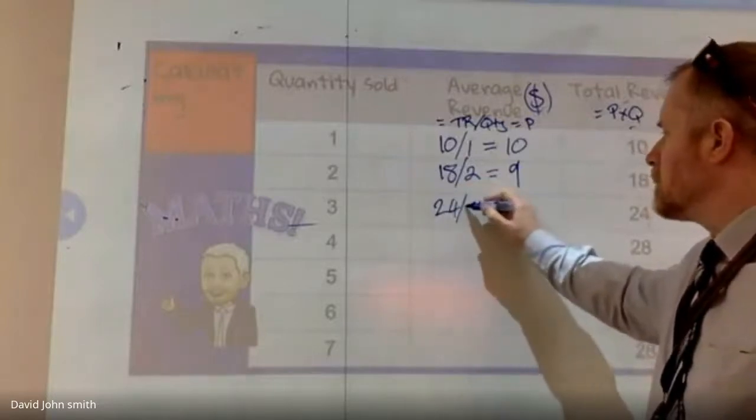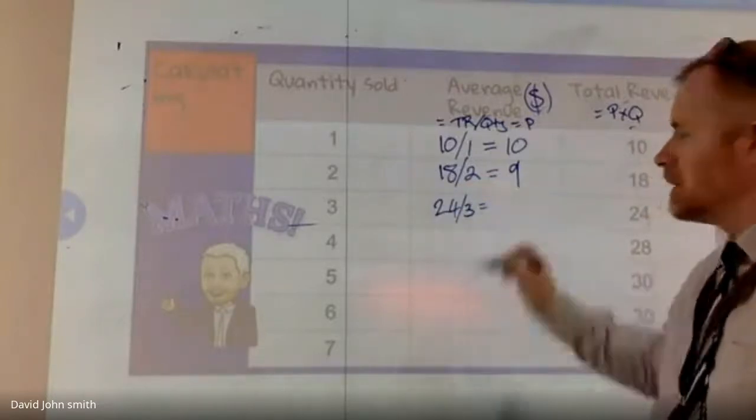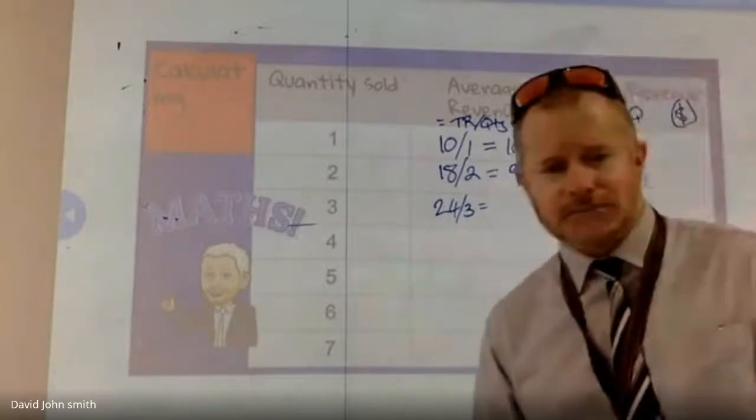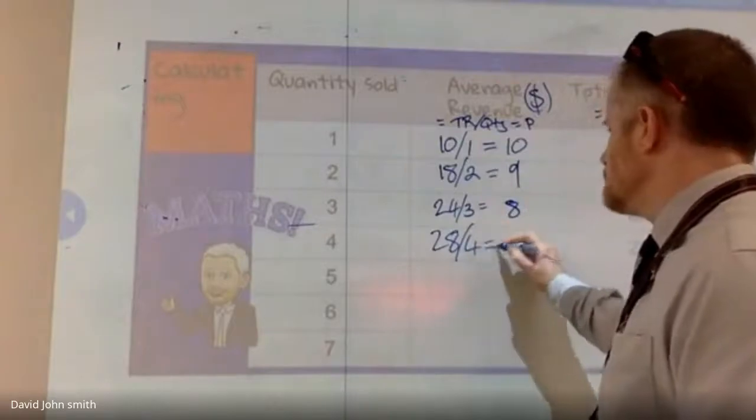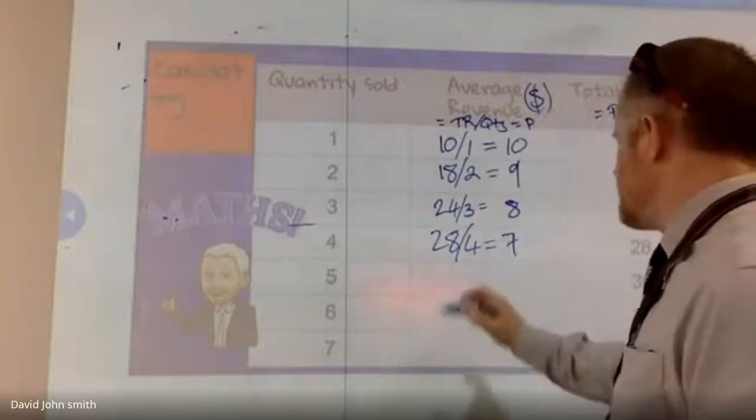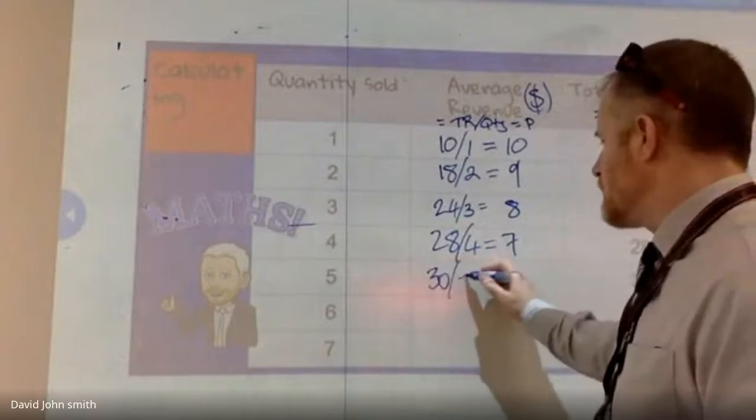24 divided by 3? 8. 28 divided by 4, 7. Possibly see the pattern. 30 divided by 5, 6.